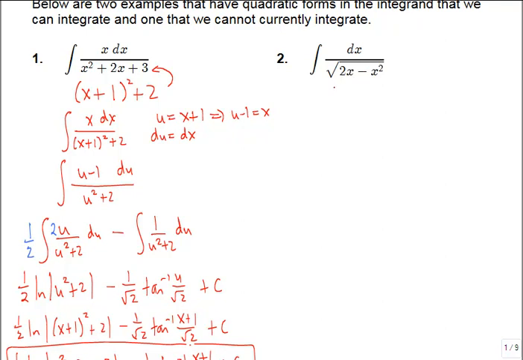So what we're going to try here is something kind of similar to what we did in the last example. We're going to try to rewrite this expression that's under that square root in a slightly different form, preferably a factored type of form. So what we're going to do is complete the square again. Now, I personally find it a little more challenging to complete the square when that highest degree term, this x squared, has a negative in front.